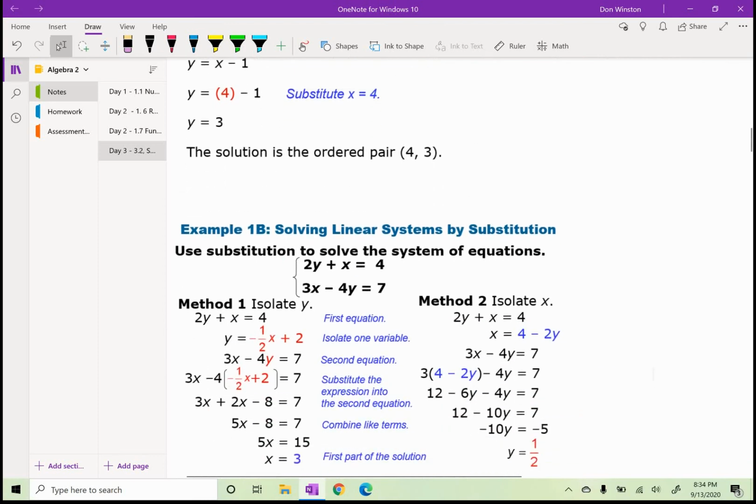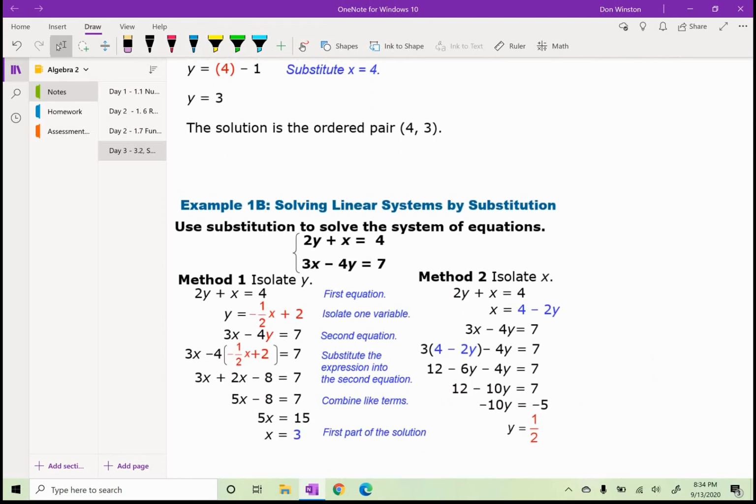So let's look at another example. So now ask the question, what equation and what variable would be easiest to solve for? So here I notice I have 2y plus x is equal to 4. And then the other equation I have 3x minus 4y is equal to 7.